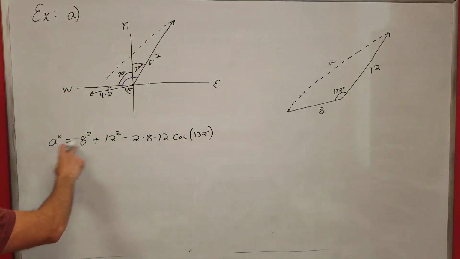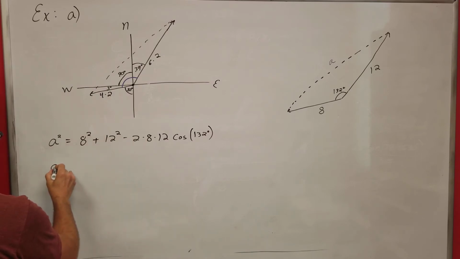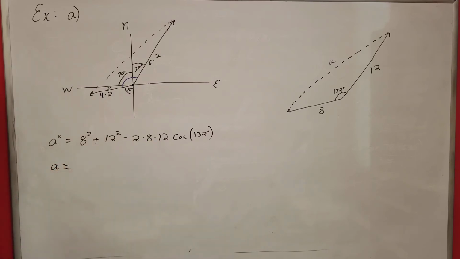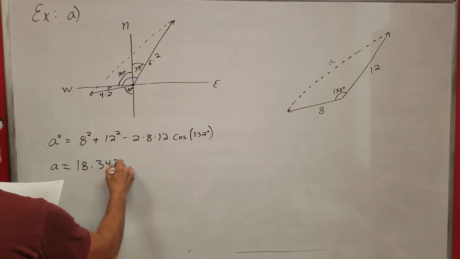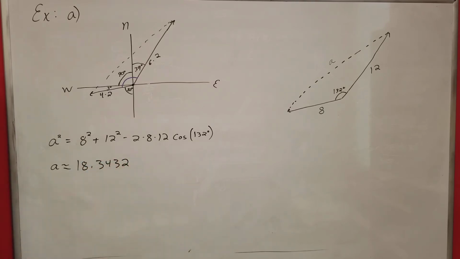So you can take the square root of both sides now and put all that in your calculator. Make sure you're in degree mode, of course. And whenever I did this, I got something like 18.3432 is my A value.